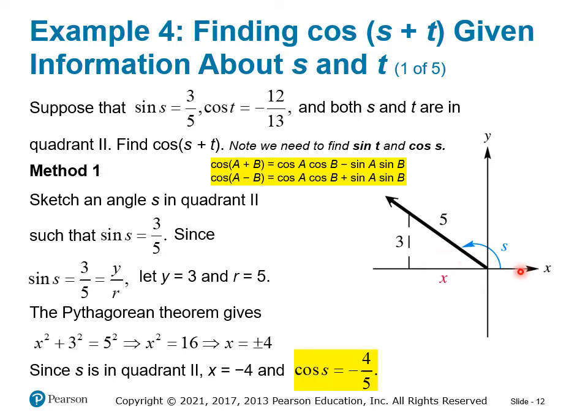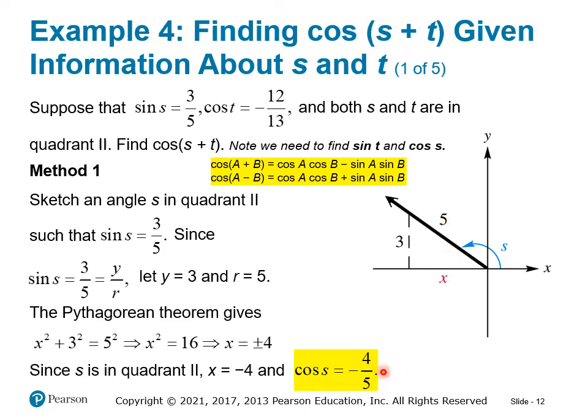Remember that while this angle is s, this angle here is the reference angle for s, so it works the same way. The sine of s is equal to the sine of this angle, which is opposite over hypotenuse. The cosine of this reference angle is adjacent over hypotenuse, so we see that as well.